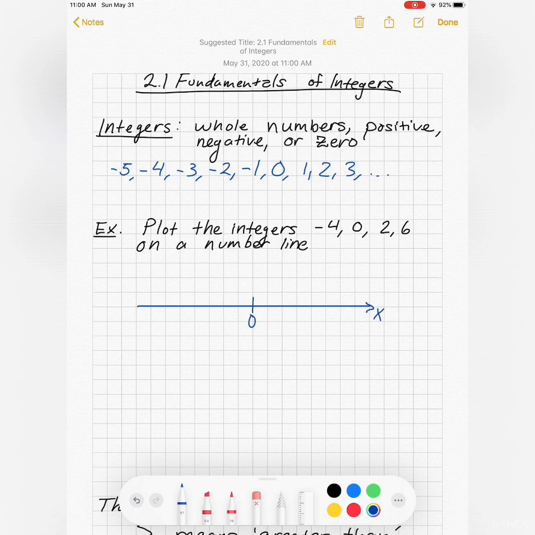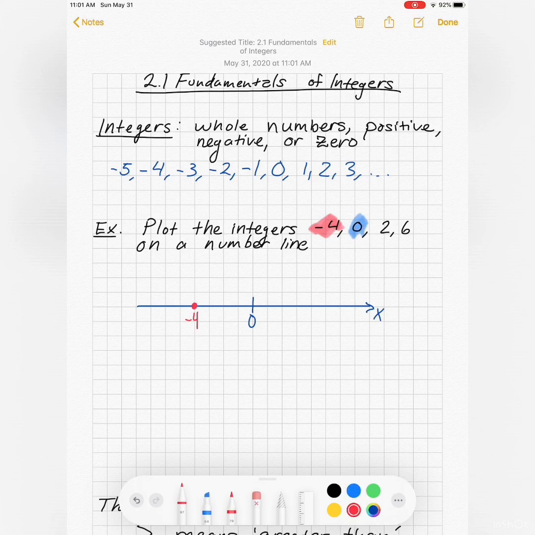Okay, so then I would count to plot the integer, say, -4. I have to move 4 places left since that guy's negative. So I have -1, -2, -3. Here's -4. So I'm going to indicate that with a dot here on the number line. So I've plotted the integer -4.